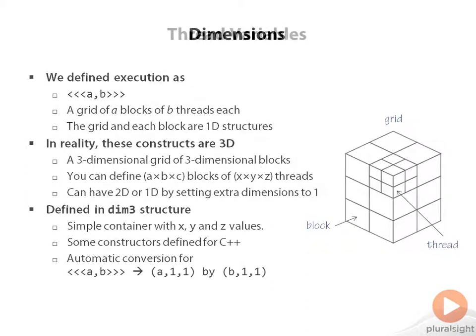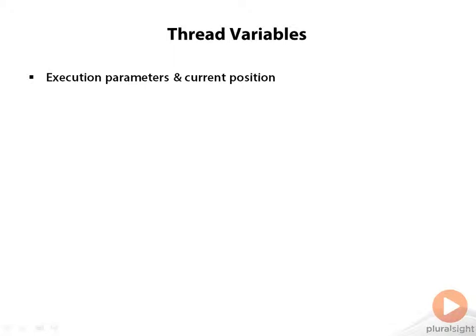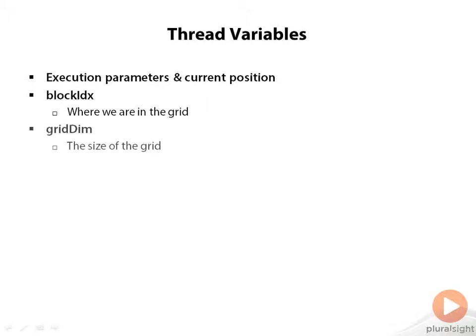A running thread has all the information about the parameters that were used to execute the kernel, as well as its own position on the grid and thread block. So we have blockIdx, which tells us where we are currently in the grid. We have gridDim, which tells us the size of the grid.